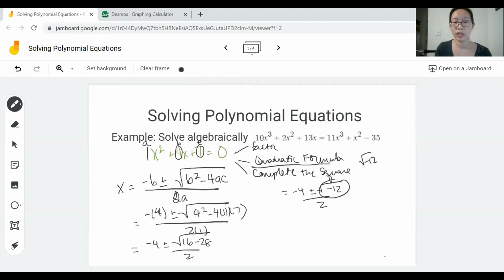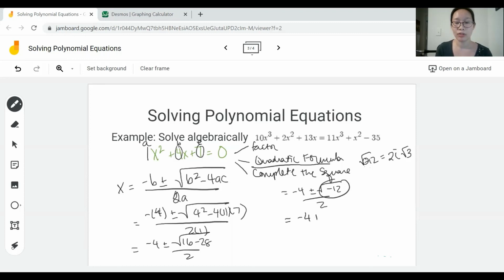The square root of negative 12 is equal to, I know because there's a negative, there's going to be an i. The largest perfect square that divides into 12 is 4, so the square root of 4 is 2. And then 4 times 3 is 12. So then I have 2i root 3.